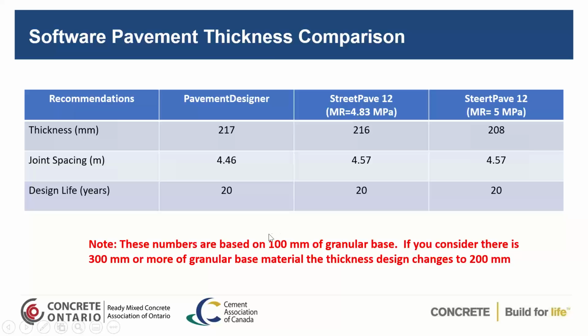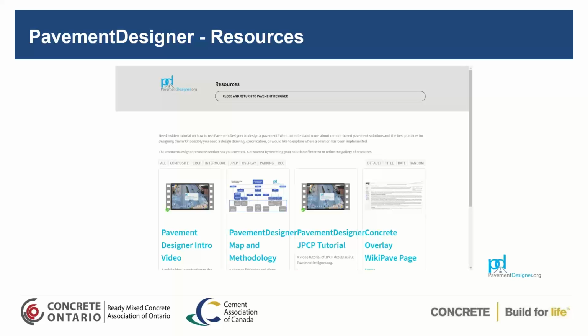And if I changed my subgrade value from 100 to 300 millimeters, the thickness now went down to 200 millimeters when using the StreetPave software. So you can see that StreetPave does give you very similar answers to PavementDesigner.org. It just verifies that the outputs are very good.